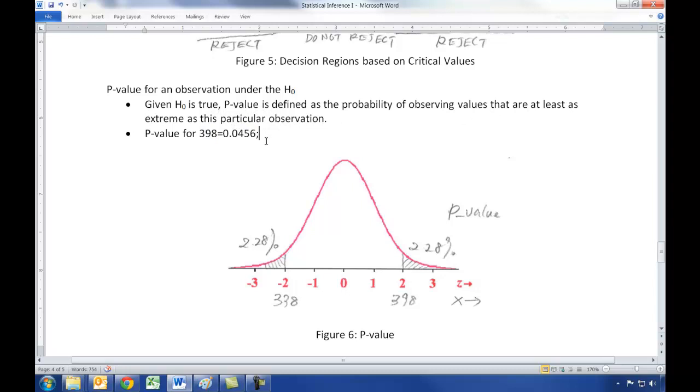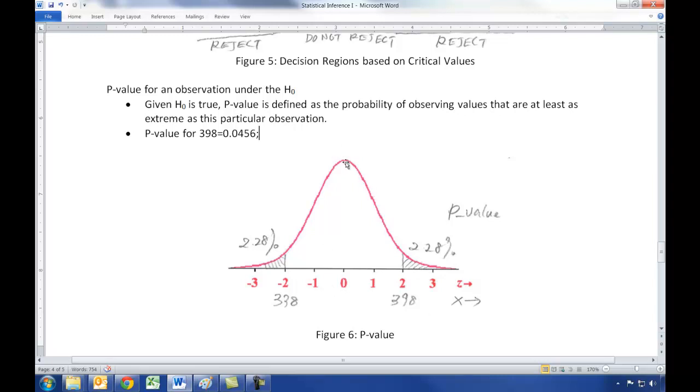The values that are more extreme than 398, given the null hypothesis is true, are on the right side, this shaded area, because these values are more extreme than 398 grams. By the way, 398 is associated with z equal to 2 in a standard normal distribution.